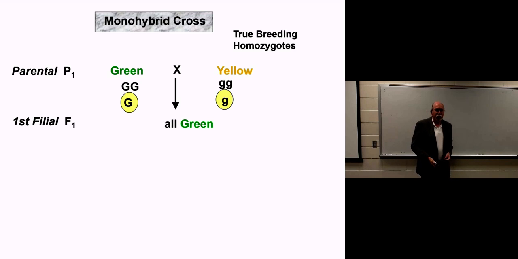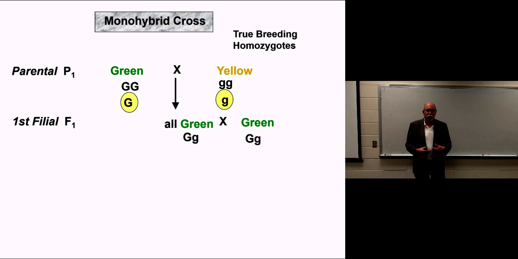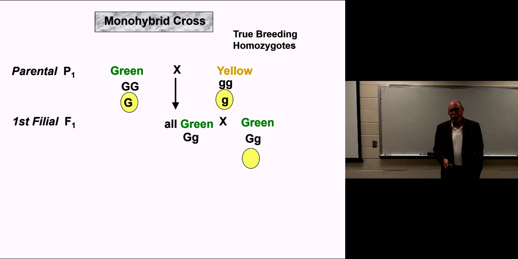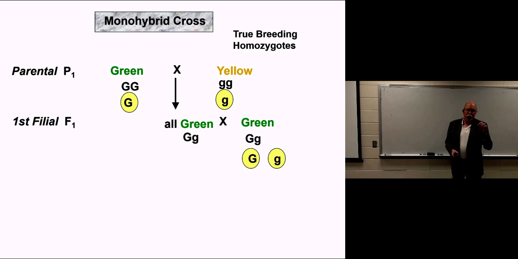You're going to guarantee in the first filial generation that you're going to make all heterozygotes. So now you're crossing a het times a het, the classic F1 cross, to make the second filial generation. When you do that, you've got a slightly different story, because now each of these parents has two pieces of genetic information.